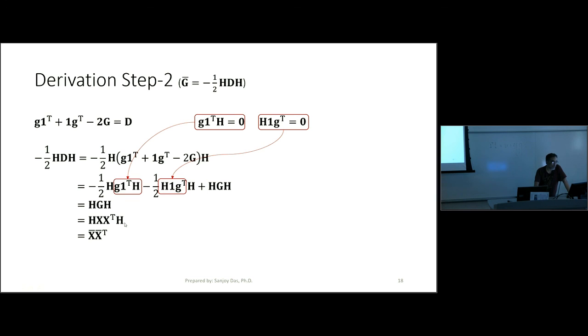X transpose H transpose is the transpose of HX, which is X bar transpose. What is this? X bar transpose. G bar. Just like G is XX transpose, G bar is X bar X bar transpose. So we got this. G bar is negative half HDH.